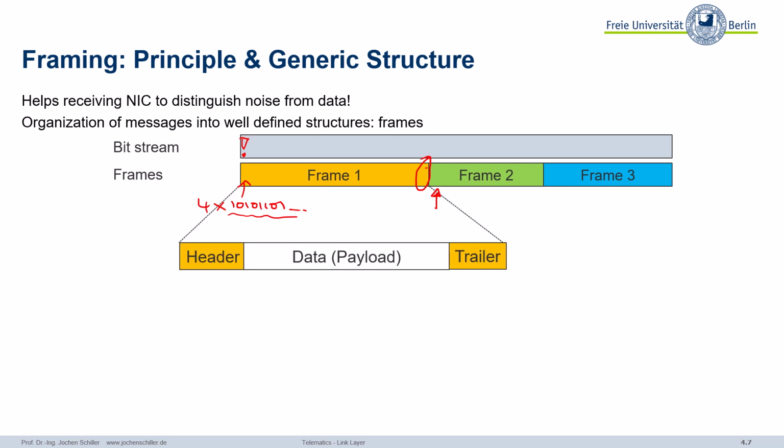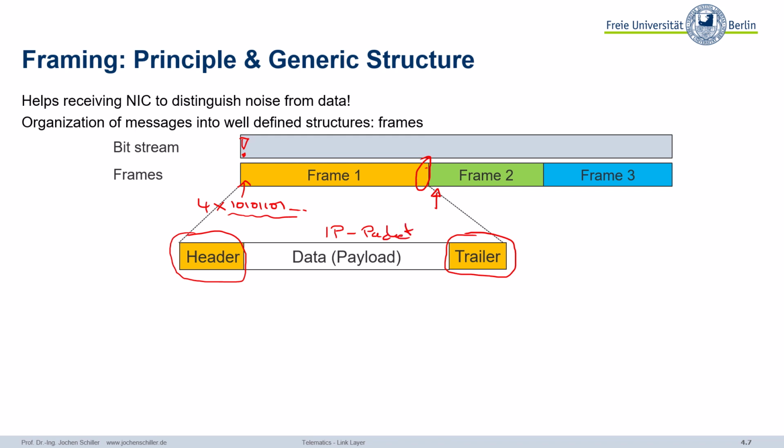So in the end, now this link layer starts organizing, giving some structure to our bit stream. And typically we talk about a header. So layer 2 has to provide a header and typically also a trailer. And then we have something that's called the payload. That is the data you want to transmit. For example, in layer 2, this typically would be our IP packet from layer 3.